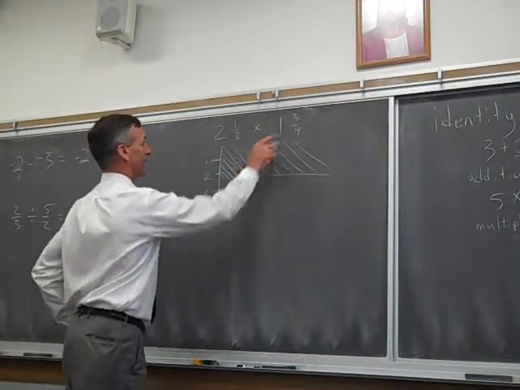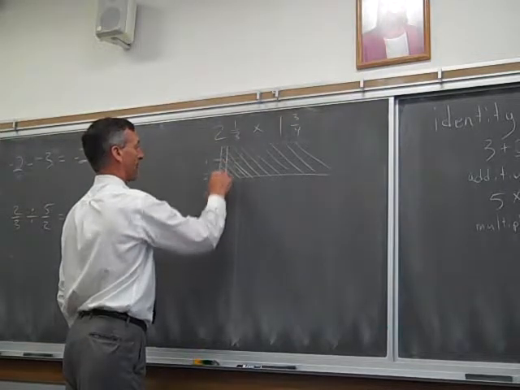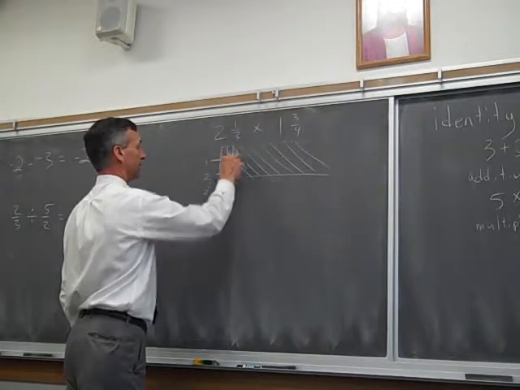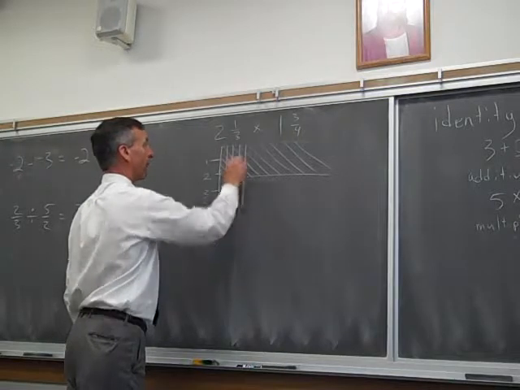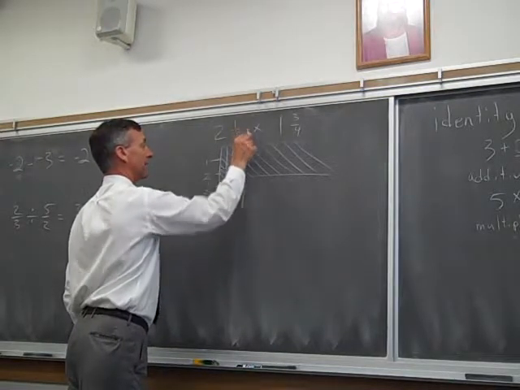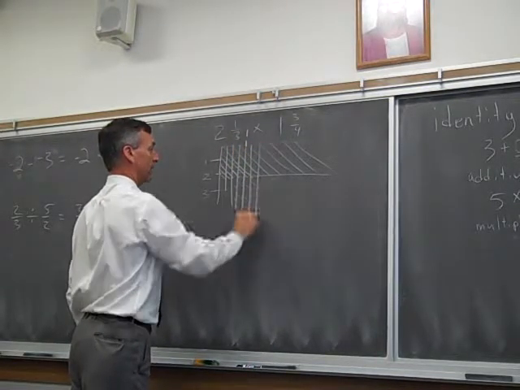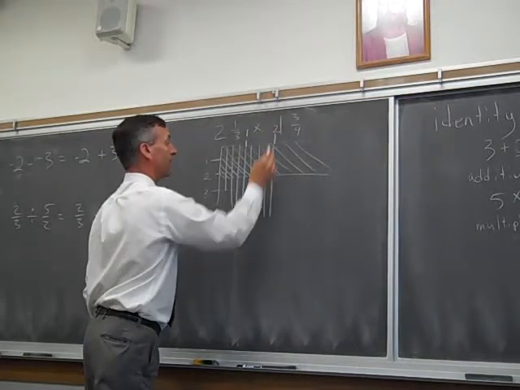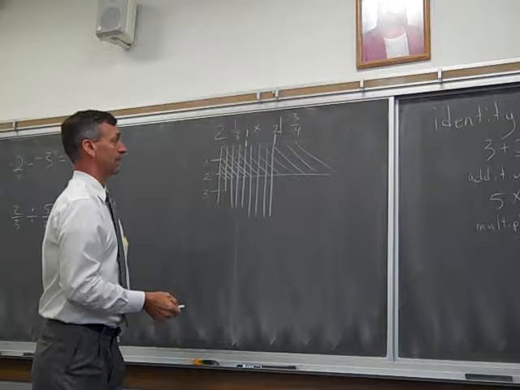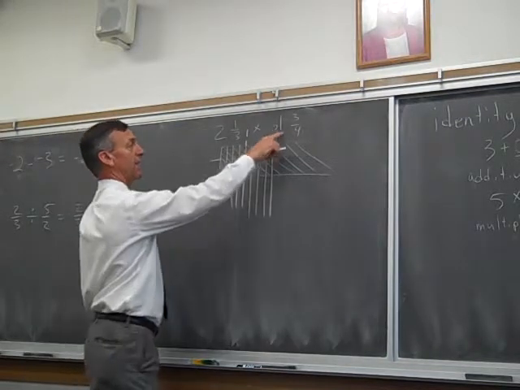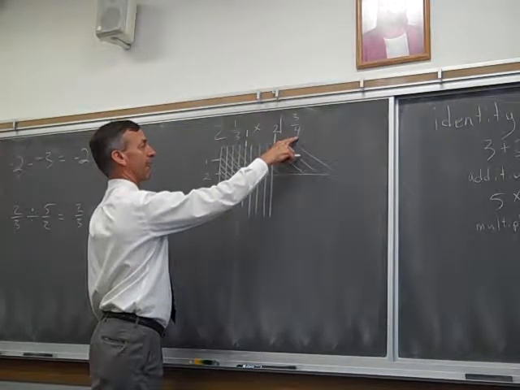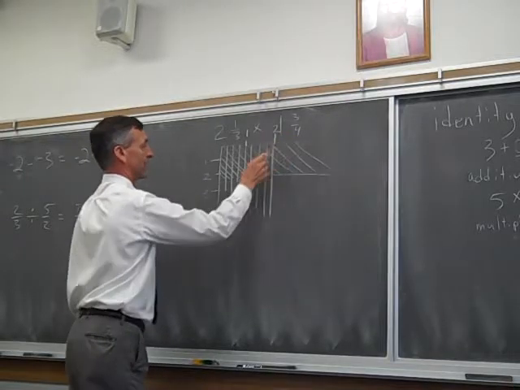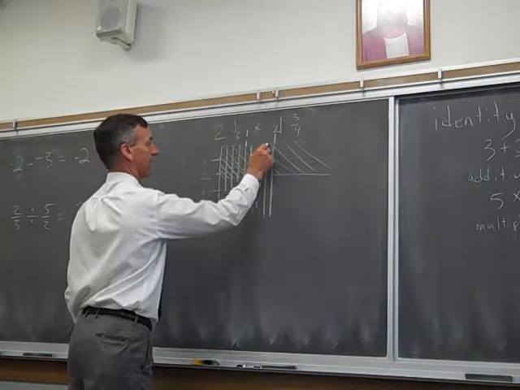Well, that's going to be in fourths, so I'm going to go 1, 2, 3, 4. There's my 1. 1, 2, 3, 4. There's my 2, right? And I want to shade how much? 1 3/4. That's right there.